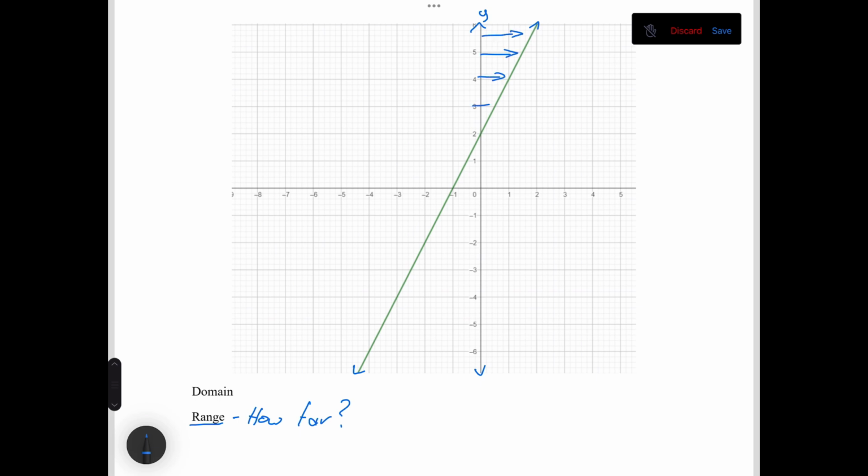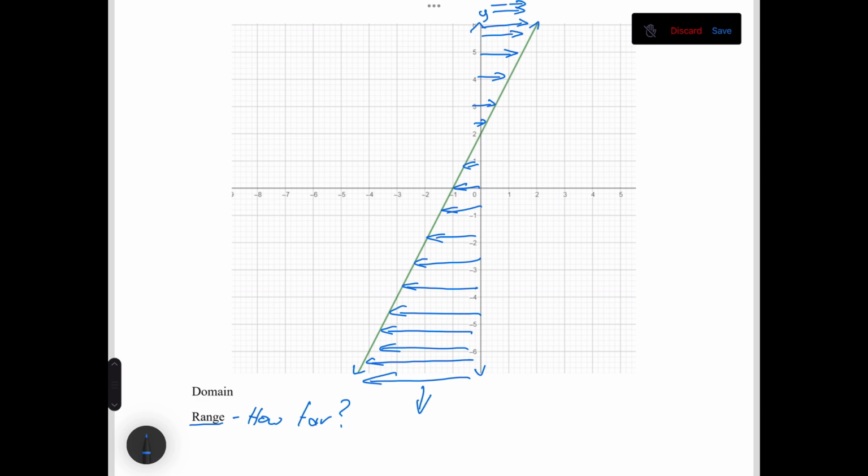Going up, it goes on top for the positive values till infinity. At the bottom, it continues for every value. It will continue forever, that's why we have arrows on either side. Does it end? No, it doesn't.